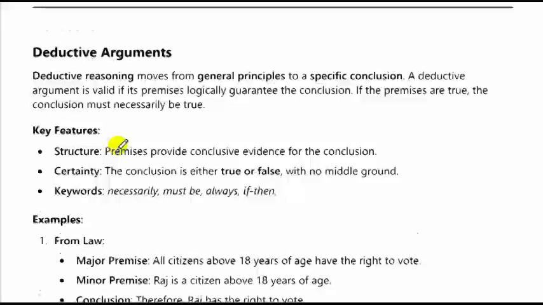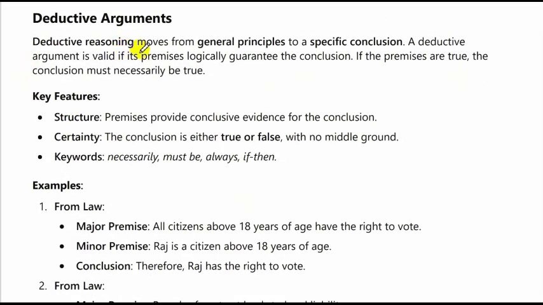Deductive arguments. Deductive reasoning moves from, so wherever you see bold, these are the keywords which we have to remember. So if the definition comes, what is deductive argument? We say it moves from general principles to specific conclusions.